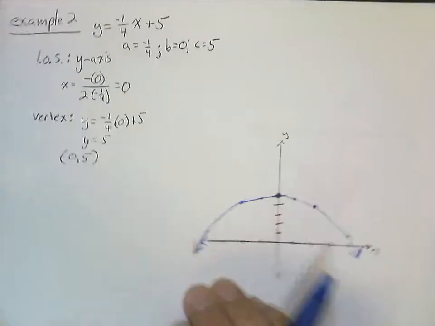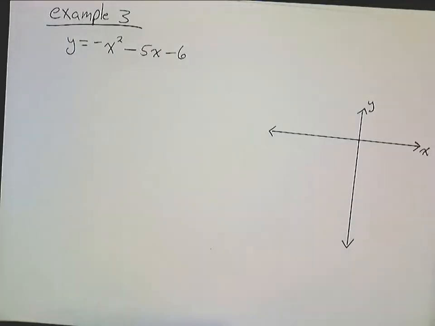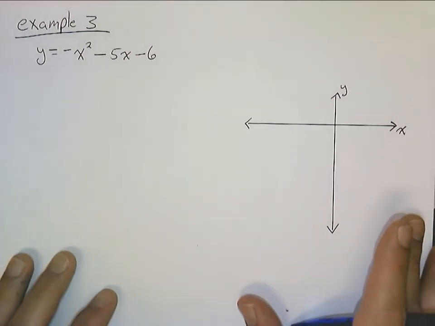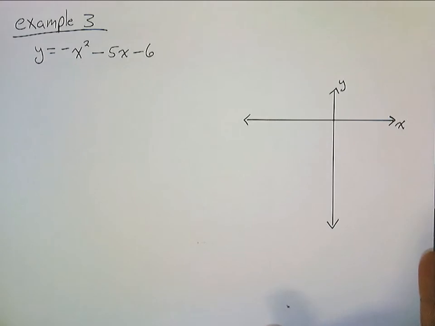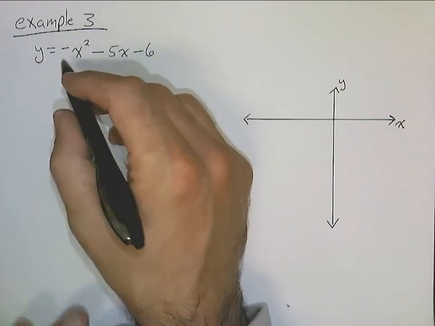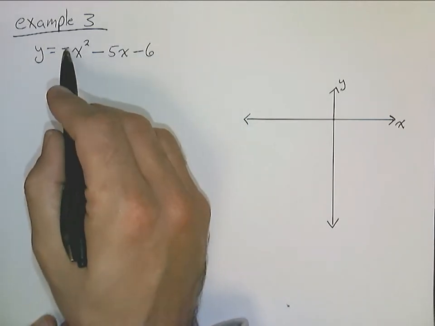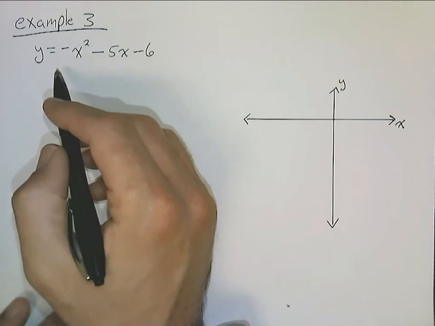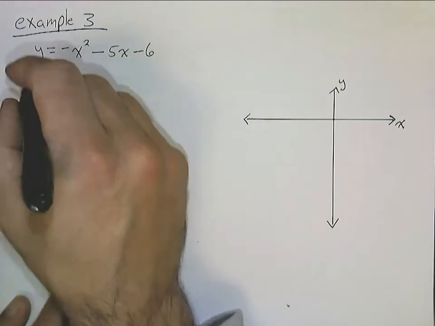Let's do one more example here. Example 3. Y is equal to negative x squared minus 5x minus 6. First thing we probably want to do is identify what a, b, and c are. So here we have negative x squared, so keep in mind that the negative sign is really shorthand for multiplying by negative 1.